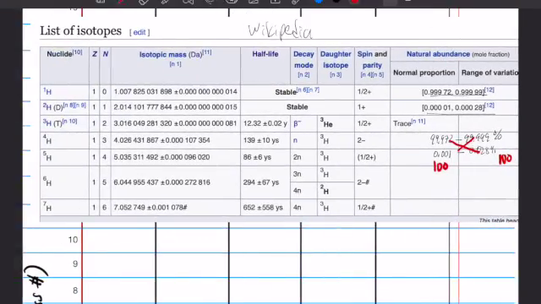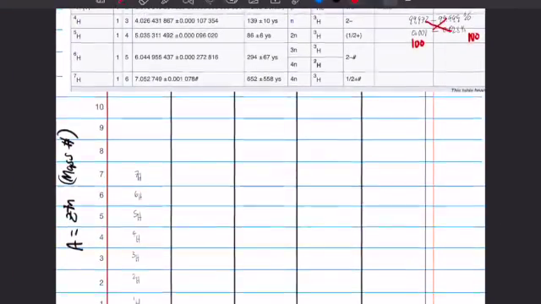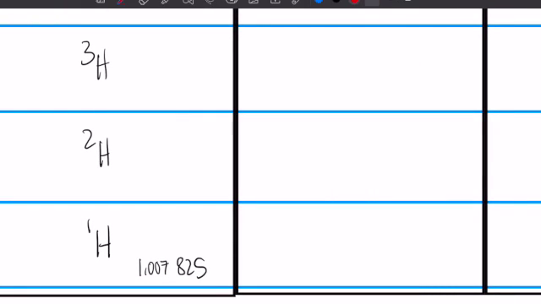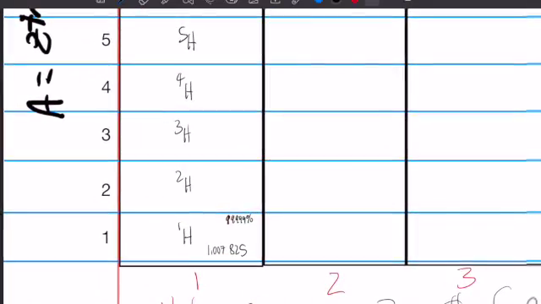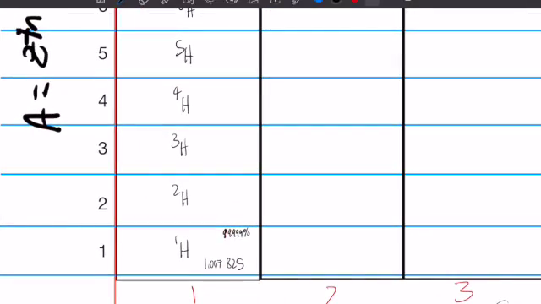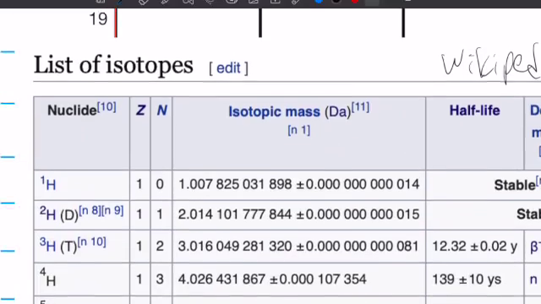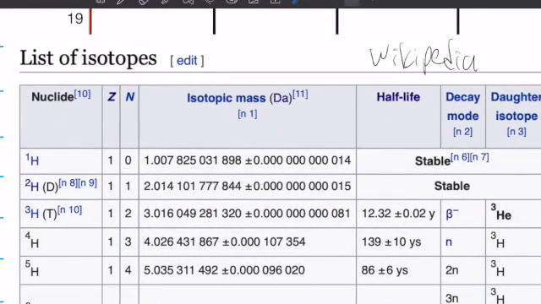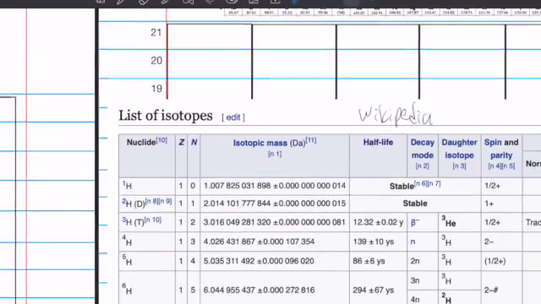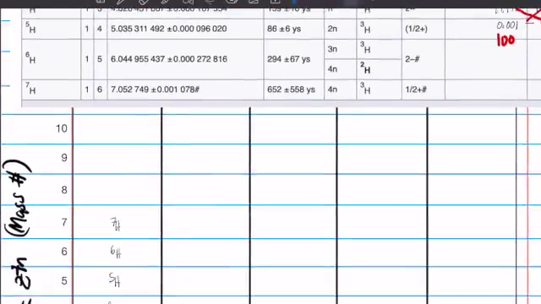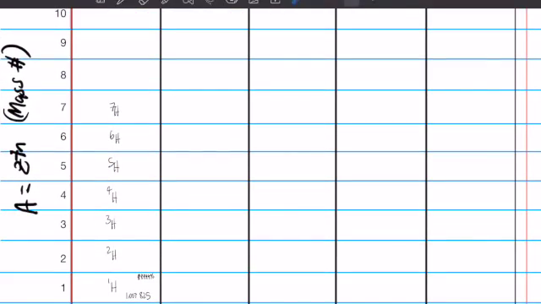So I'm going to put 99.999. Since hydrogen 1 is stable, it has no decay, no daughters, and no half-life. And this is a stable element, so I am going to shade this green.